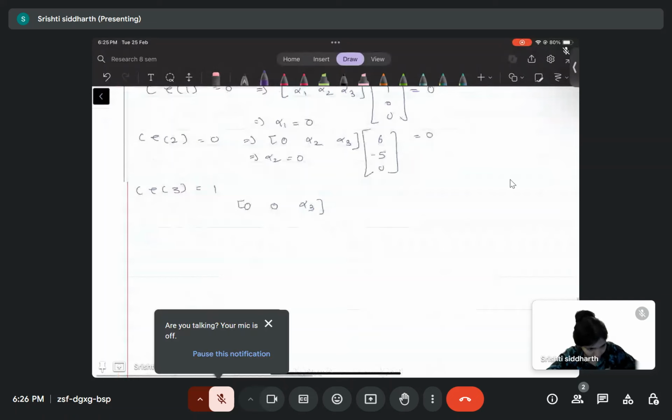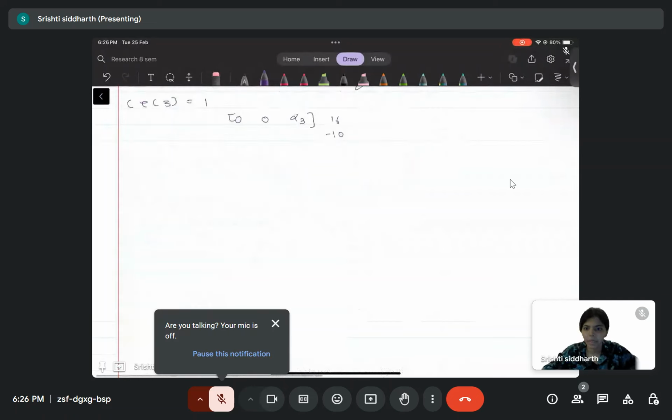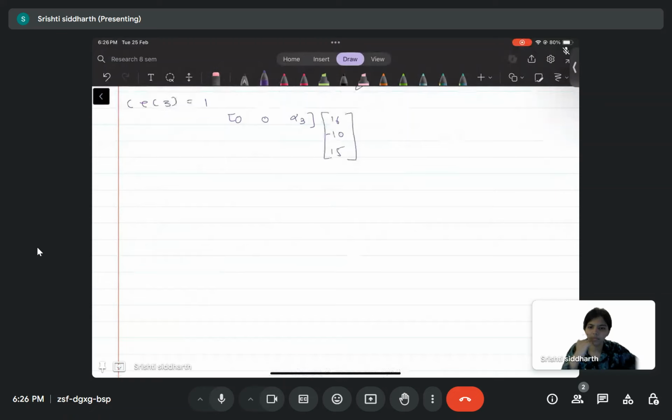This should be equal to 1, which implies that alpha 3 is 1 over 15. Alright, so now we know the row C, which is 0, 0, and 1 by 15.